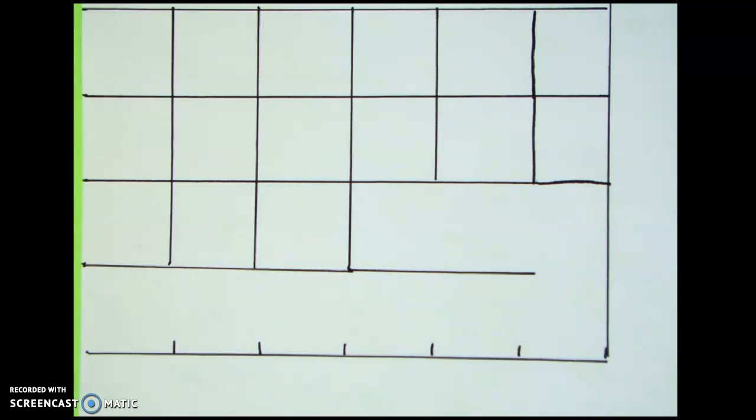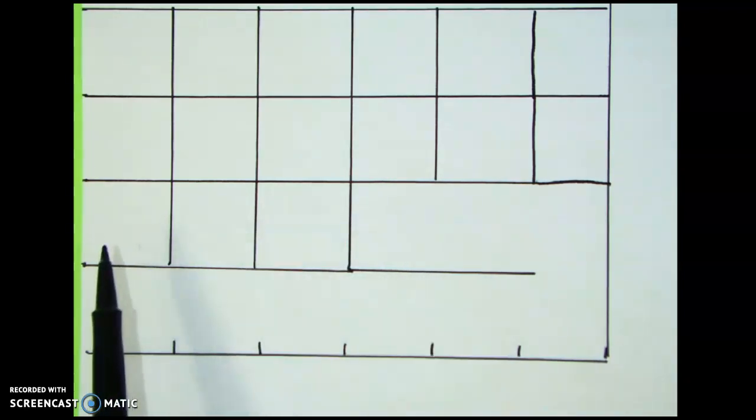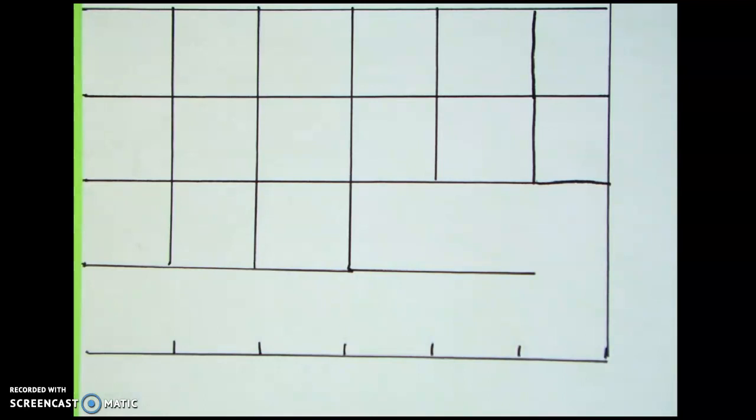So let's think about what we know so far. How many square units should each row have? If you said 6, you're correct. If you take a look now at this third row, you'll notice there are only 1, 2, 3 square units in that row.